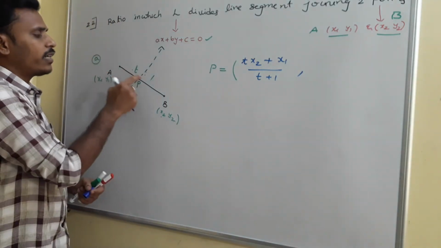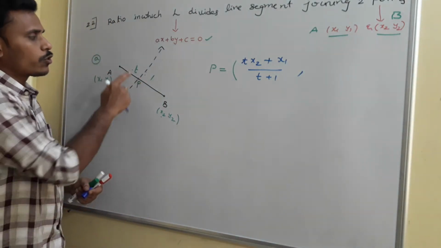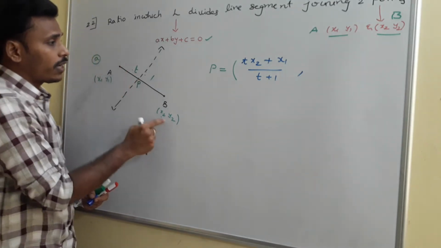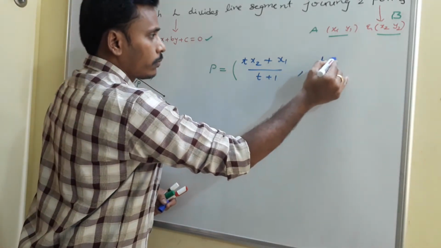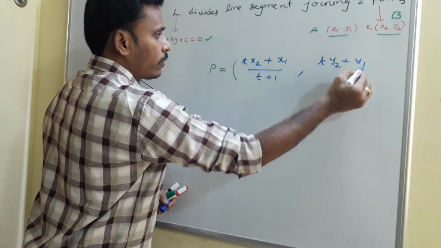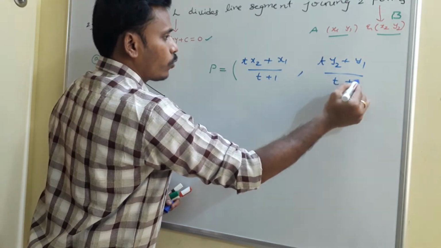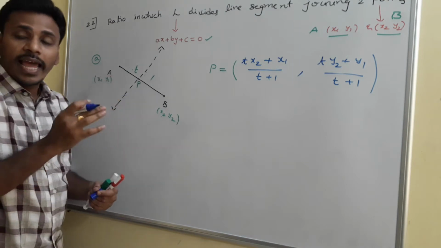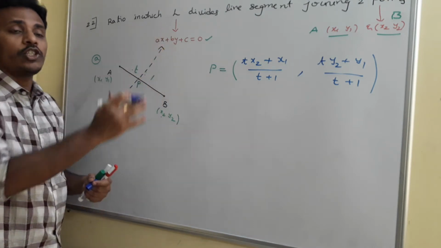I let the ratio be t is to 1, so m and n are t and 1. The y coordinate is (t y2 plus y1) divided by (t plus 1), and this is the point P at which the line passes through the line segment joining AB.